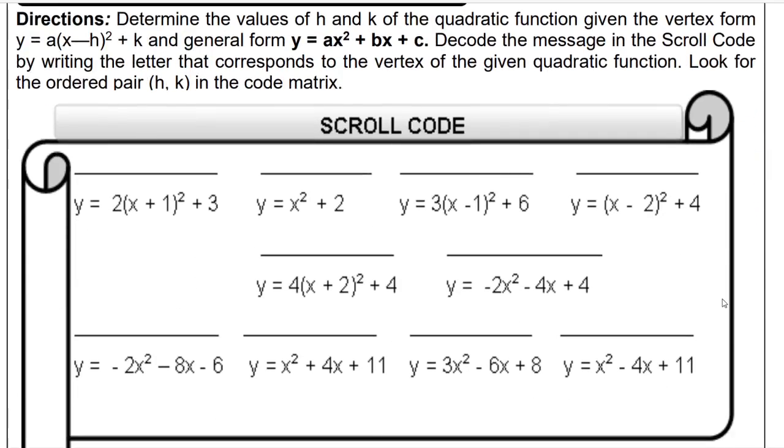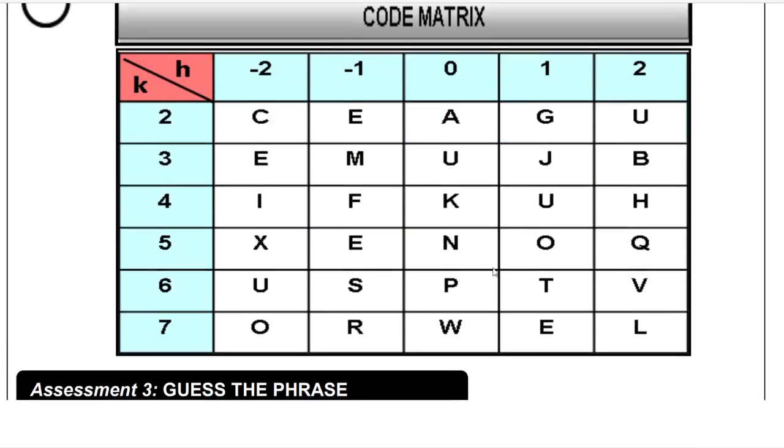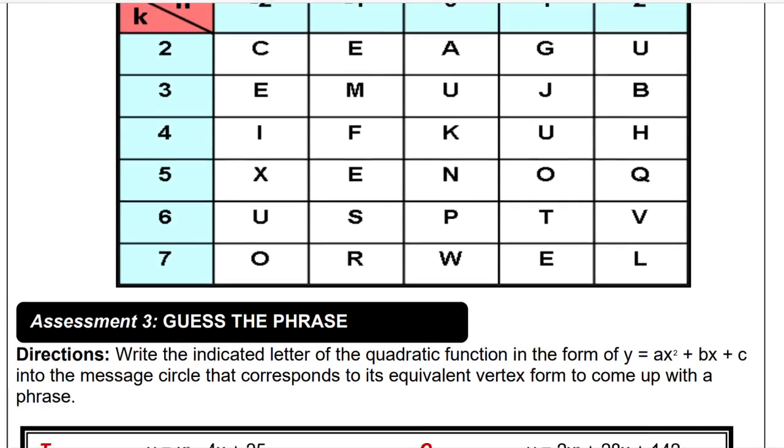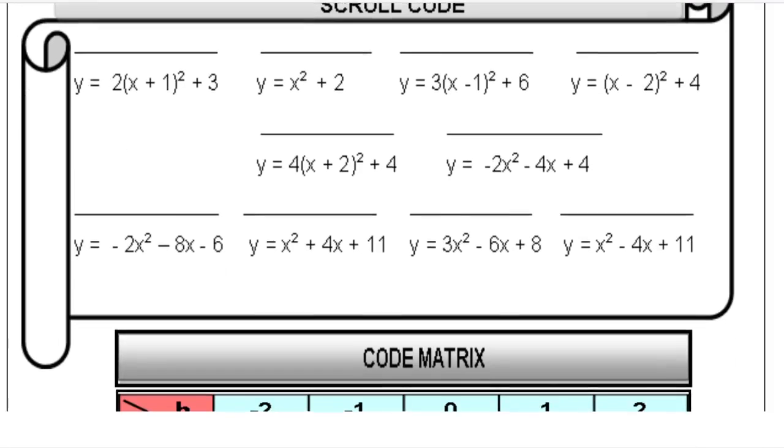Okay, here determine the values of H and K. So you have to determine the value of H and K only. And then, because it is already given in vertex form, so you can just easily find the H and K. So, and decode the message. Decode the message. So, give the answer here. Where's the answer there?